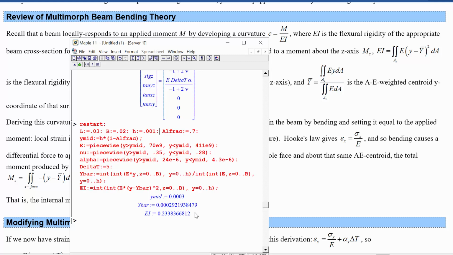Then we'd see that this is a lot easier to do. Without the material dependent parameters, you can actually do these integrals by hand and work out what they give you. And you'll recall that EI goes like the width times the thickness cubed, and that's what gives us this scaling that we're getting right here.